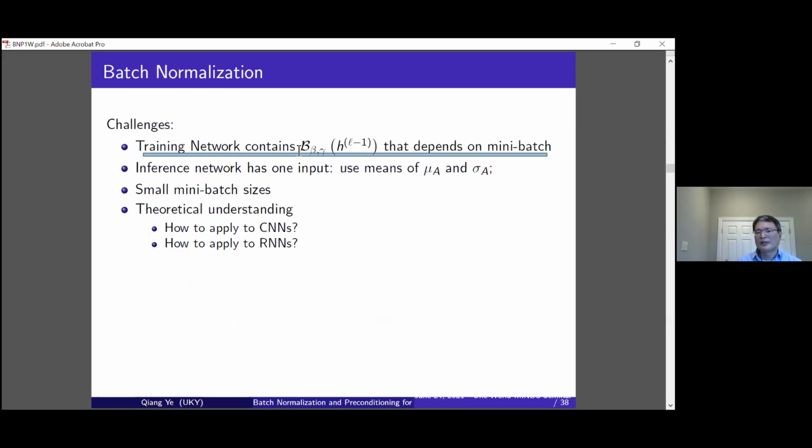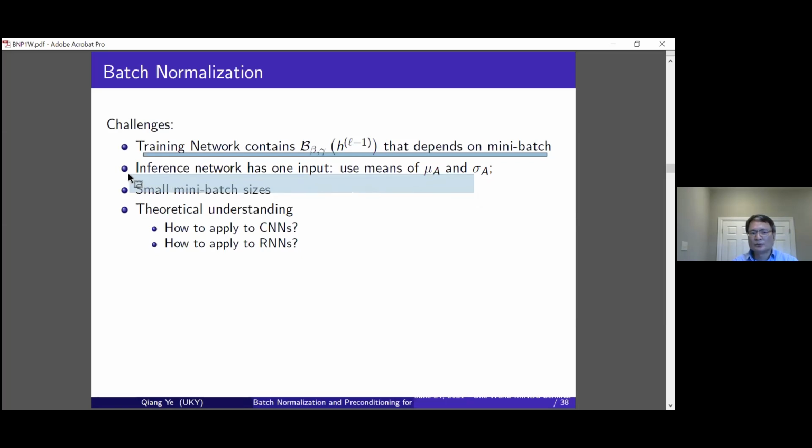So when the input changes, the mini batch changes, then the whole network changes. In other words, in one iteration, I have a network, let's say trained. When I go to the next iteration, we need to use a new mini batch. Now, with a new mini batch, even if I don't do any training, that network has already been changed because the mean and variance contained in the network are changed.